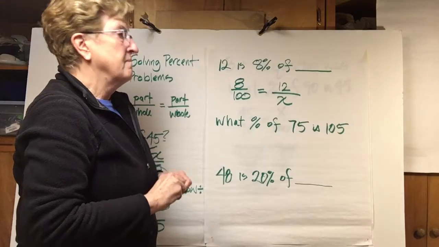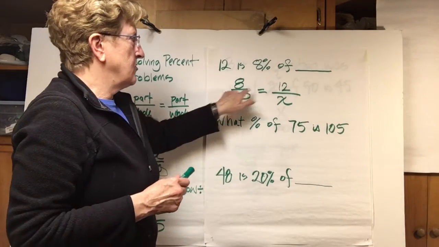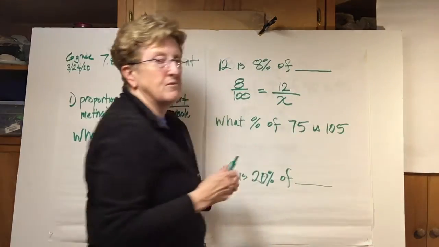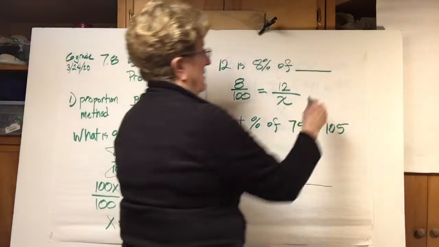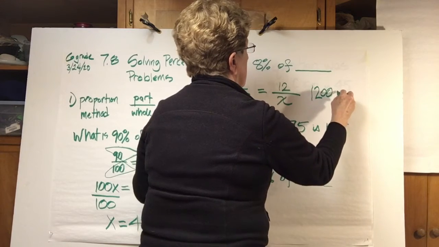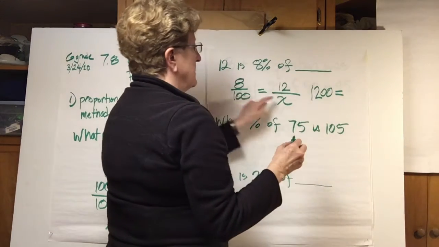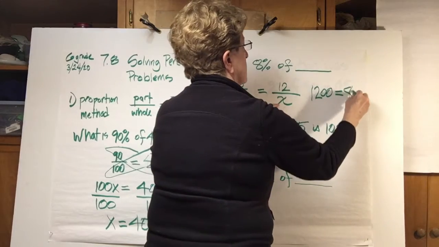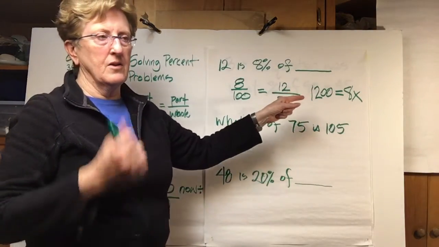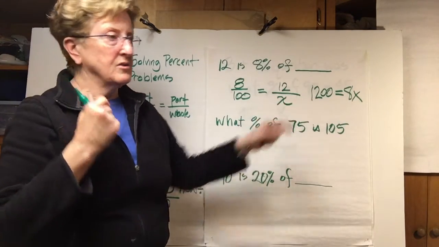Again, my butterfly. 1,200, that one was easy. I didn't need my calculator. Equals 8 times x, 8x. I'm going to let you guys finish that because I know you can, and you have calculators.